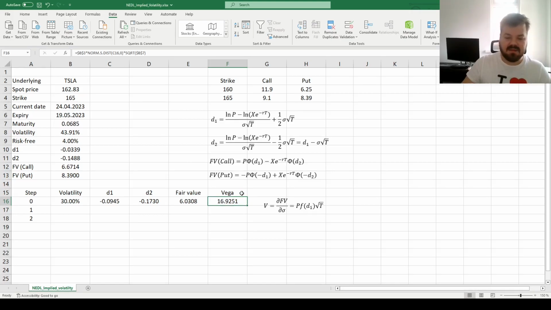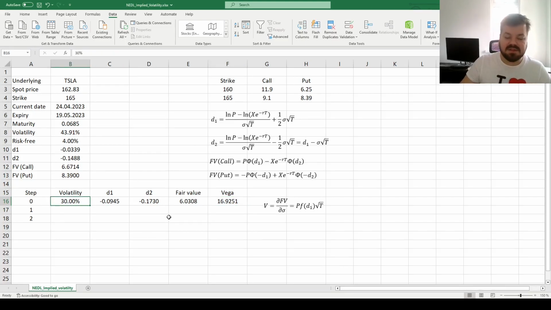We see that vega is equal to 16.93, which basically is an indicator of by how much the fair value or the price of the option, in this case the put option at 165 strike, increases or decreases subject to increases or decreases in volatility.